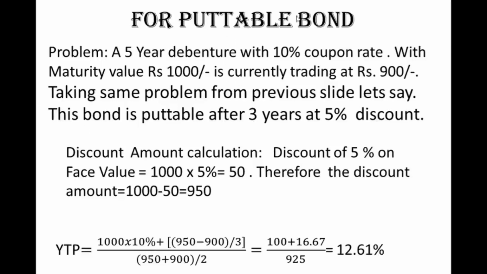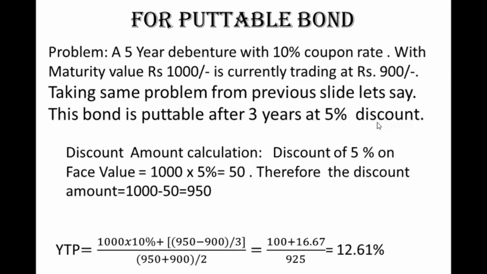Now, when the putable bond happens, it is usually the investor who is at a good position in that situation. So taking the same scenario into consideration, everything is the same: a 5-year debenture with 10% coupon rate, and in the end the bond is putable after 3 years at 5% discount.